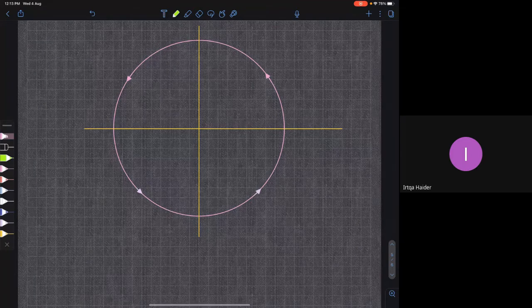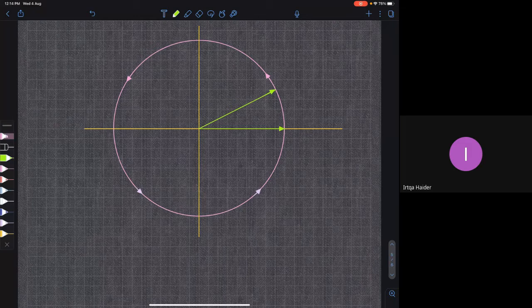Finally suppose the particle is here. So this is the initial position, this is the final position.